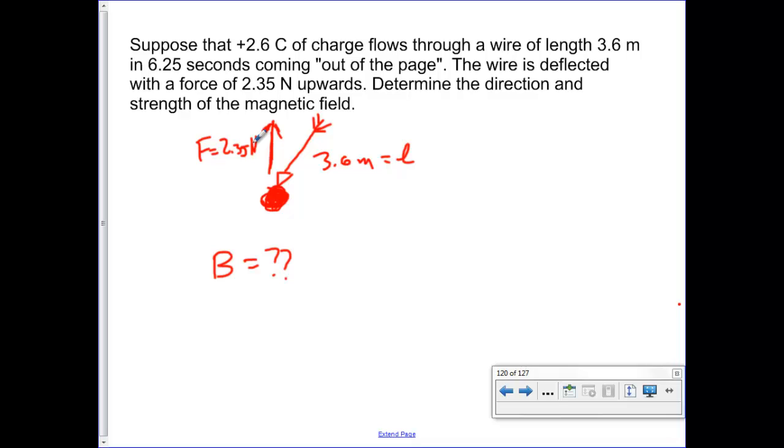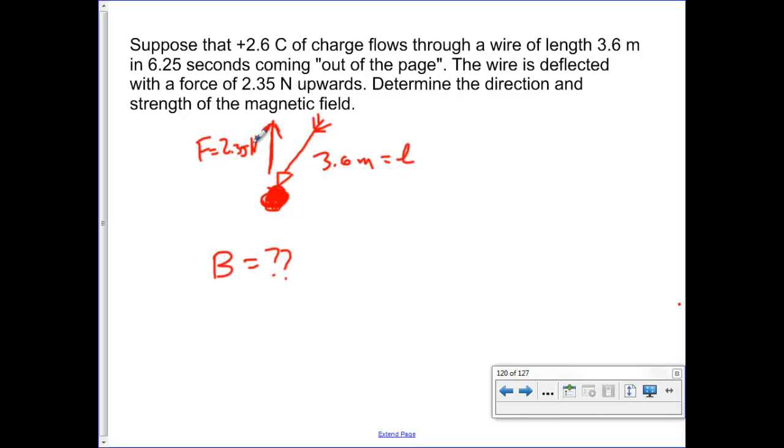So first thing I want to do is use our last rule, the hand rule, and try to figure out which direction the magnetic field is. I'm going to go stand in front of the board here. Okay, it's a positive charge. Right hand or left hand? Okay, right hand. The charge itself is coming out of the page, so my thumb has to be coming towards you. And then the other thing I know is the force itself is going up.